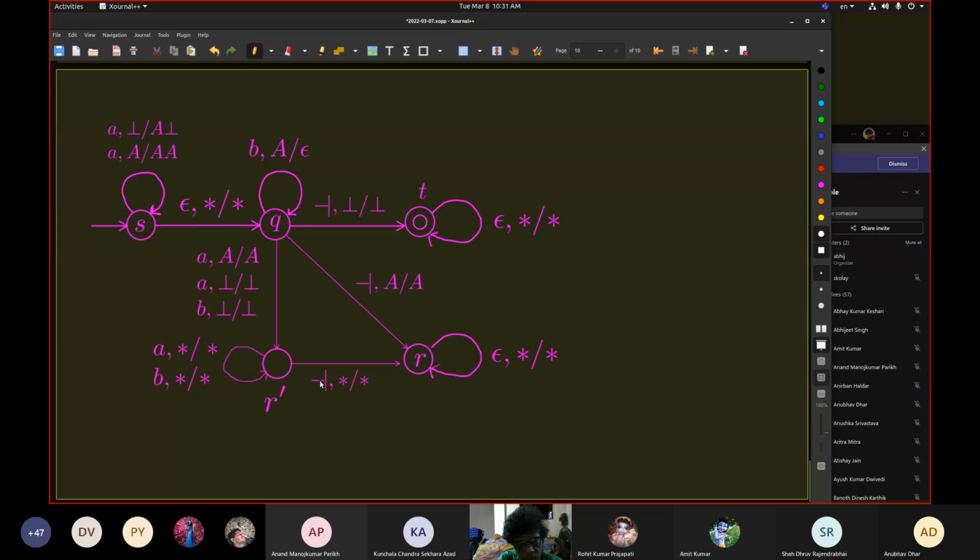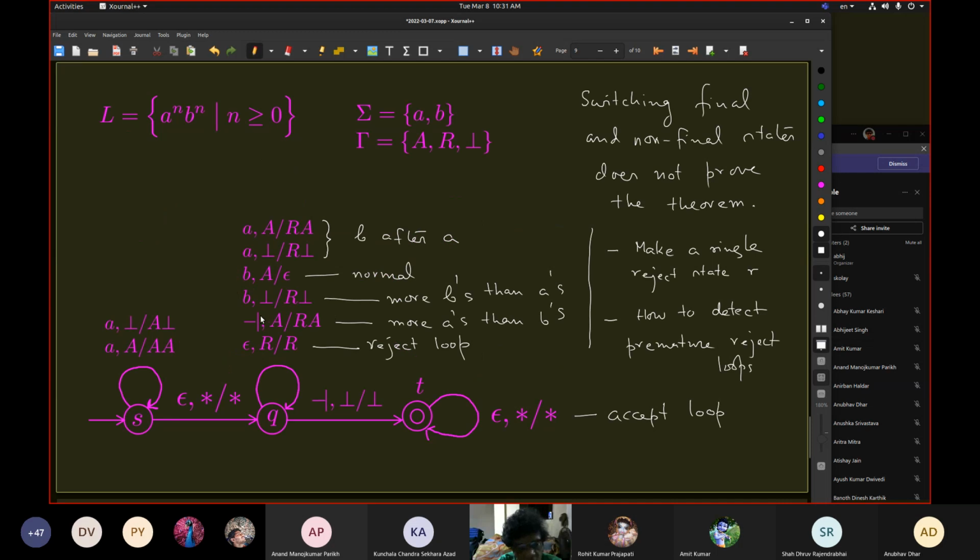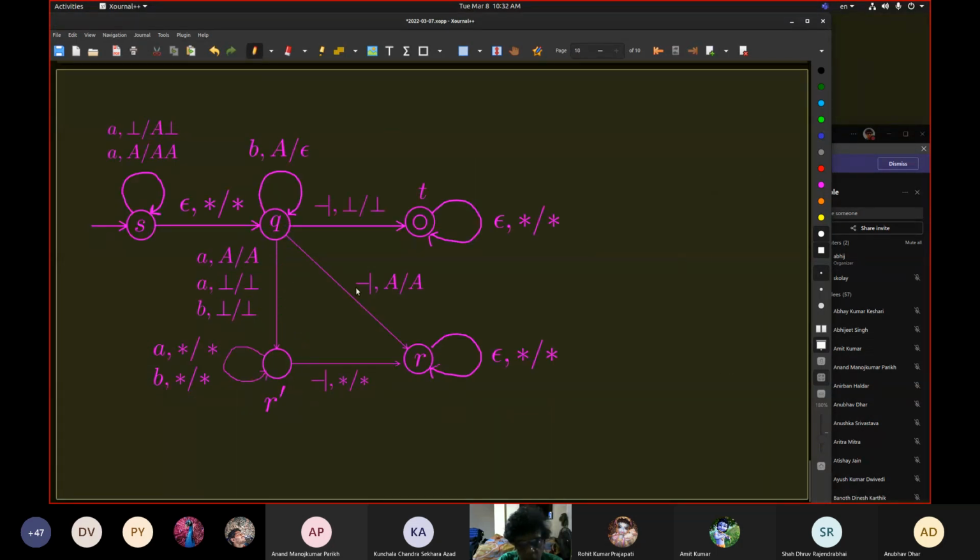End marker means end of input marker. Then you fall back to the state R. And you see that this situation, more A's than B's, this transition also reads this entire input. So if that thing happens, I will directly switch to this R. And there I will keep on looping.